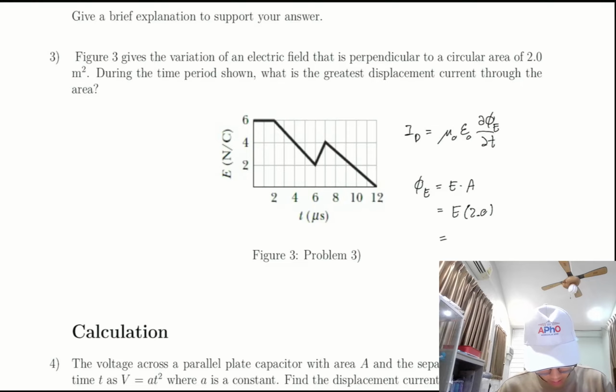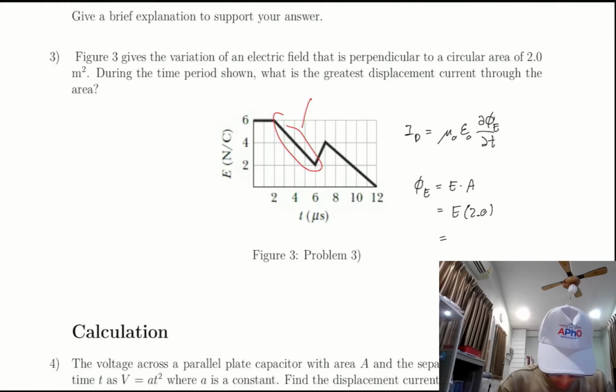As you see, this section has the highest slope, which is around, let's calculate, 6 minus 2 Newton per coulomb by 6 minus 2 microsecond, which is 10 to the negative 6 second. So it is 1 times 10 to the 6.